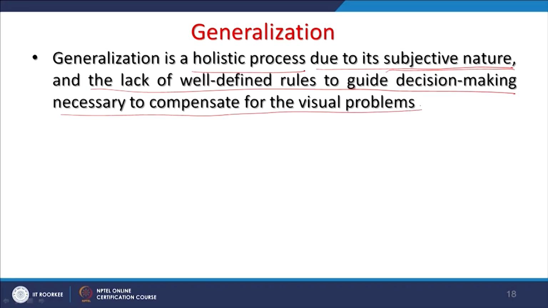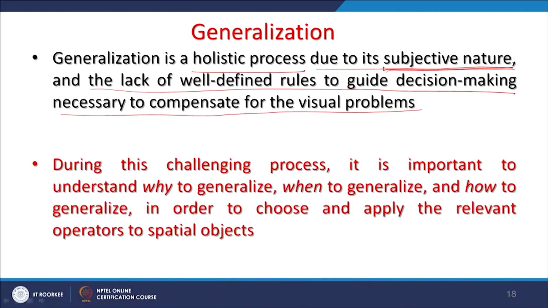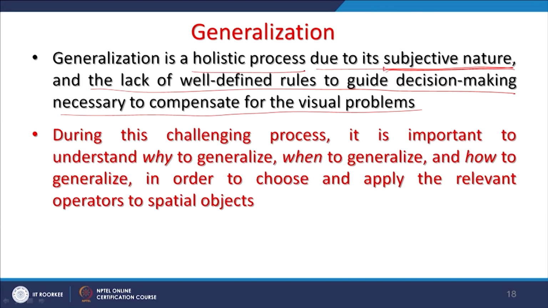If you are going for generalization of a polyline, then not many problems will be there. But if you go for generalization of polygons, then because of the subjective nature, some problems may arise. So, one has to be careful about that. Otherwise, there are no well defined rules in GIS; it depends on how GIS developers have implemented these generalization rules.